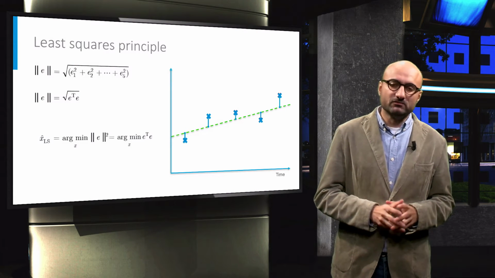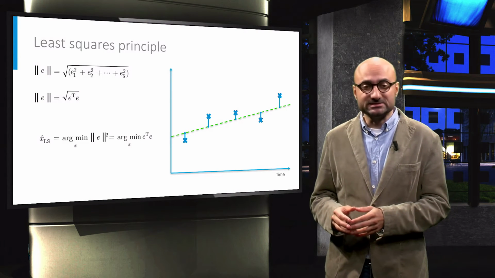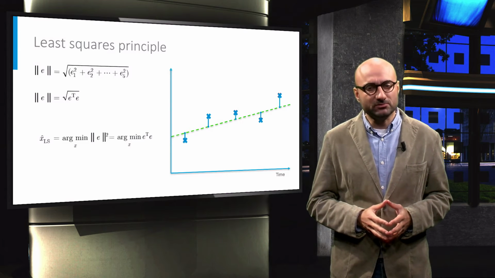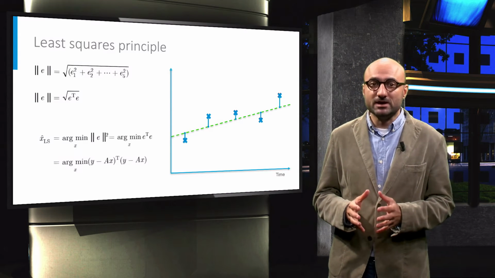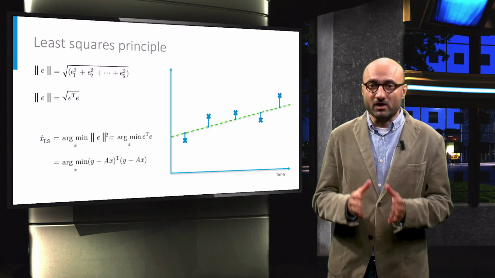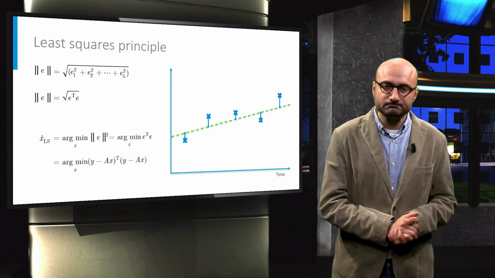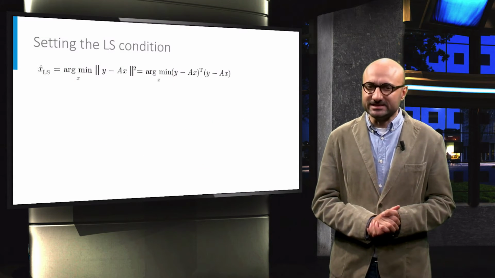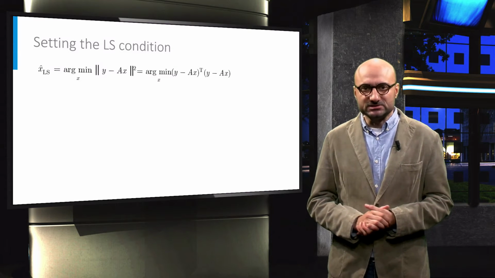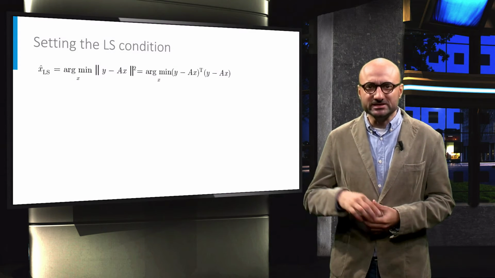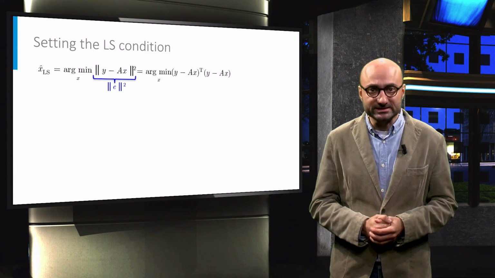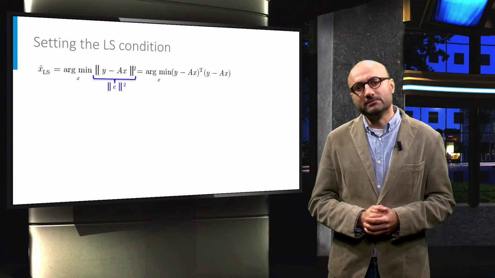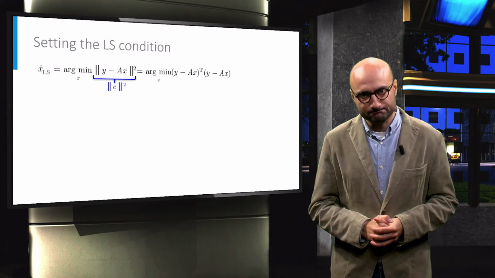By inserting y minus Ax instead of e, the minimization problem can be written as minimizing the squared norm of y minus Ax. Therefore, as we can see, x hat of least squares minimizes the sum of the squares of the error vector e. This is actually the main idea behind the name least squares.